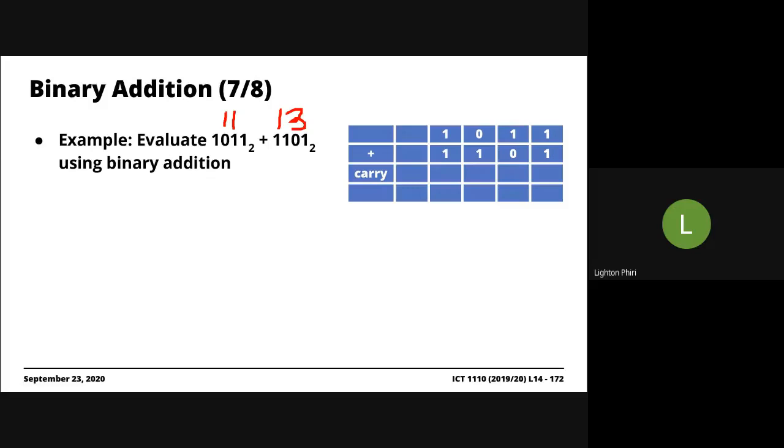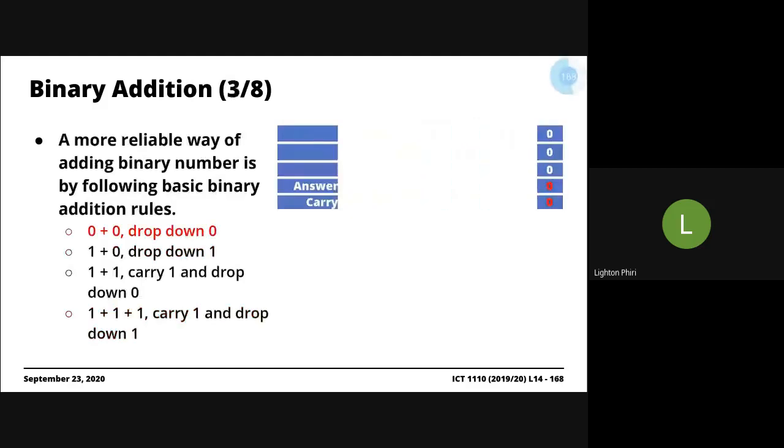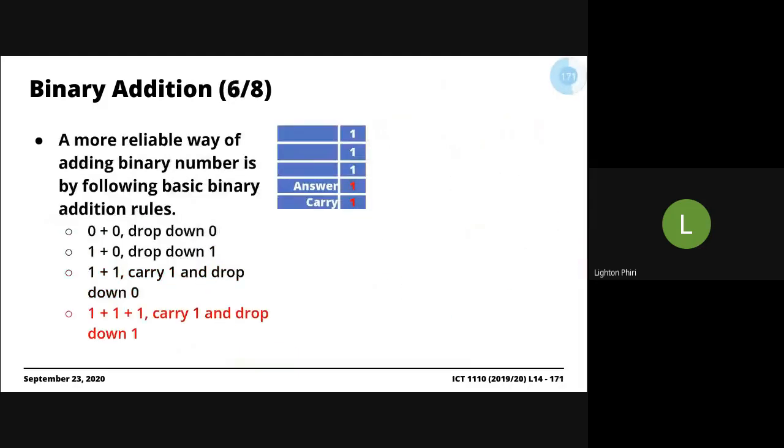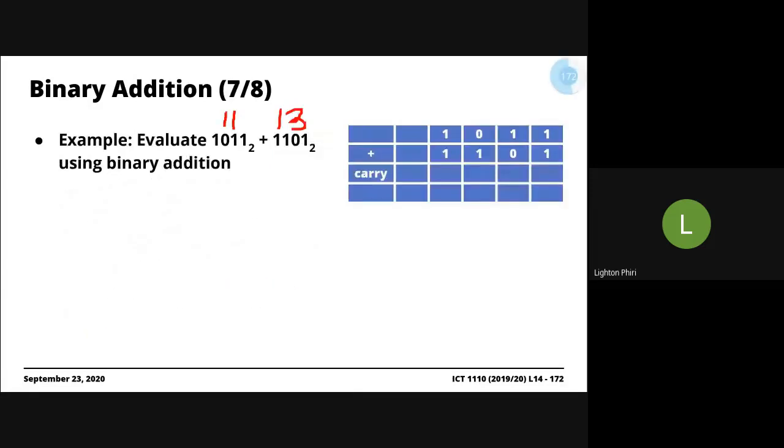No, I'm not saying that's what we're going to do, but I'm saying that the simplest thing to do for you right now, before you master these rules we're talking about, is this. The easiest thing when you're adding two binary numbers is to convert them to decimal, add them up, and then convert the answer to binary.